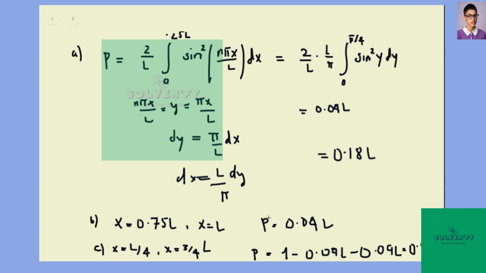To prove this, we made use of symmetry, and to prove this one, we made use of the fact that the electron should be there somewhere between 0 and L. So the net probability is 1, and the probability of finding it in the remaining region should be the subtraction of 1 minus the other probabilities. I should erase this probably.